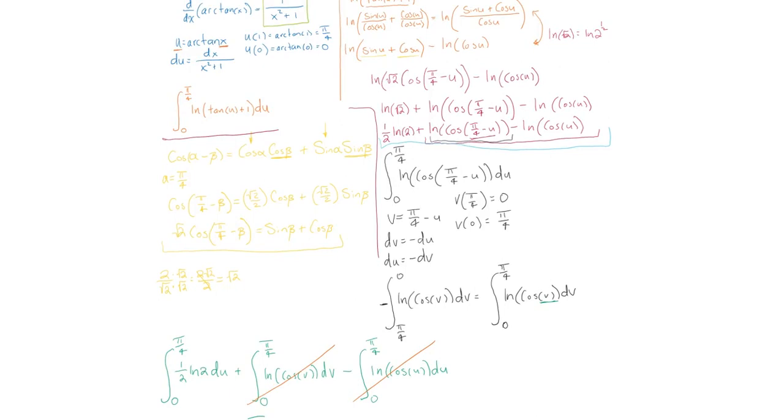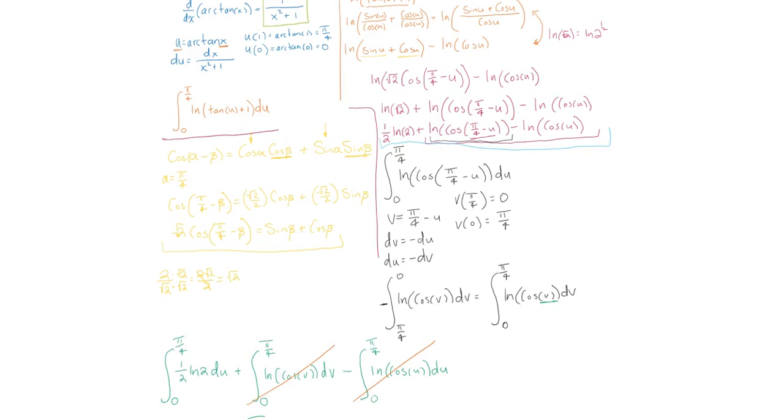Another way to intuitively think about what we did, this cosine of pi over 4 minus u is really just a shift of our cosine of u. Notice that when we plug in pi over 4 into cosine, then we get cosine of pi over 4. But when we plug in pi over 4 into cosine of pi over 4 minus u, then we get cosine of 0.